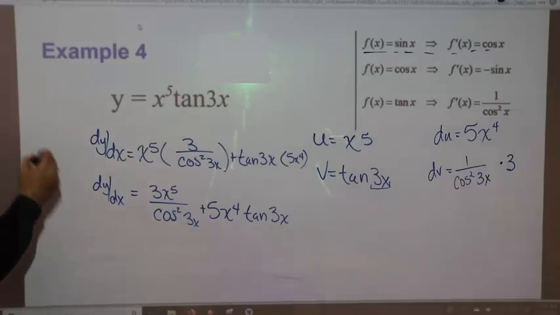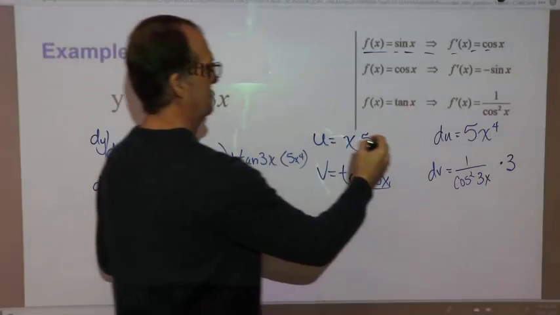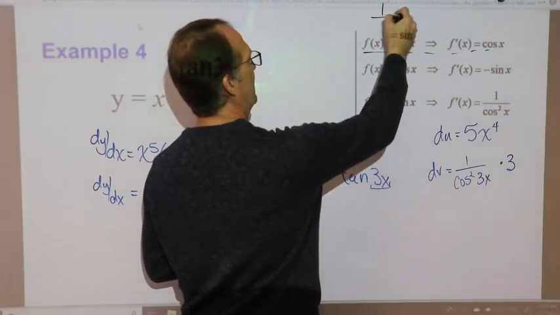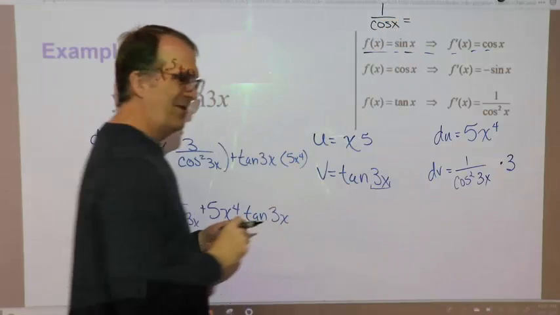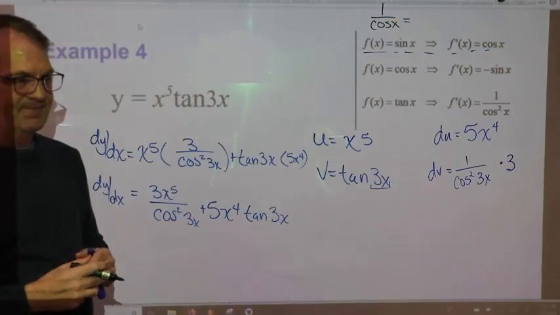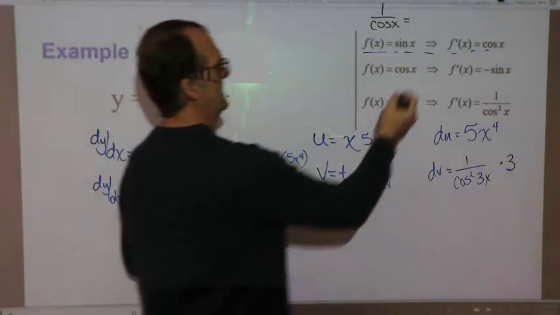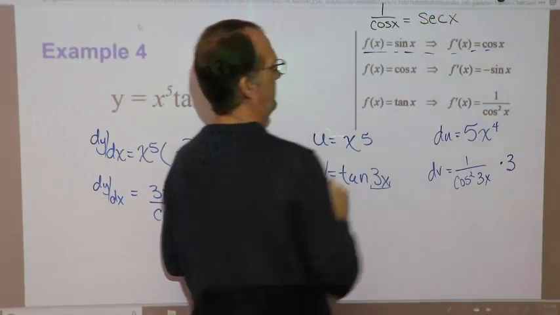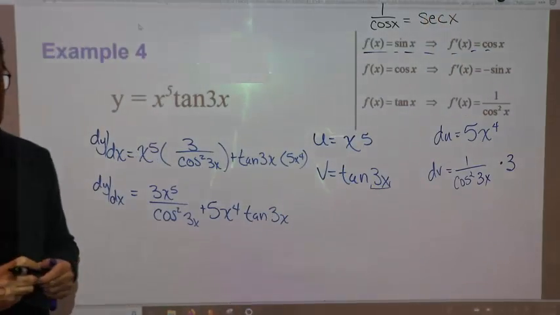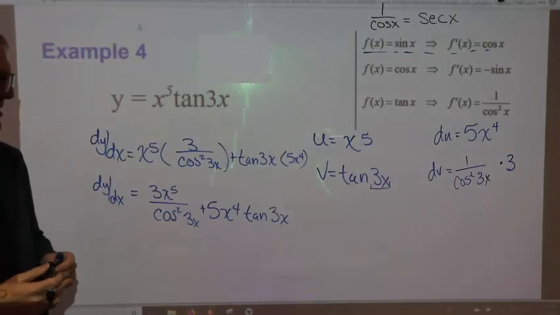And that is, where do I write this? 1 over cosine x is basically the reciprocal of cosine of x. And mathematicians have actually given that its own function, which is secant, is the name.